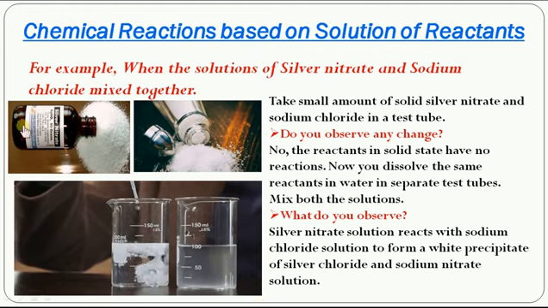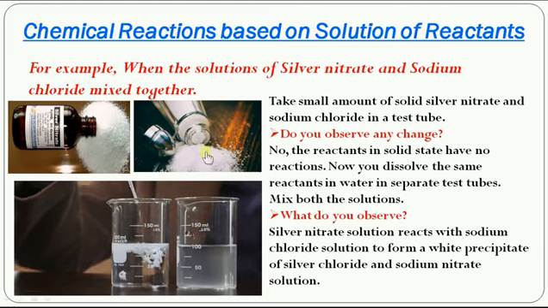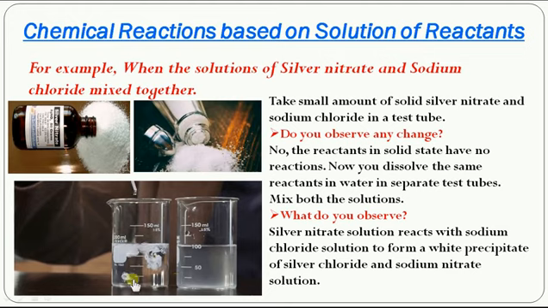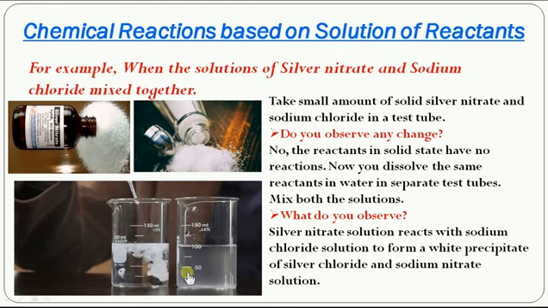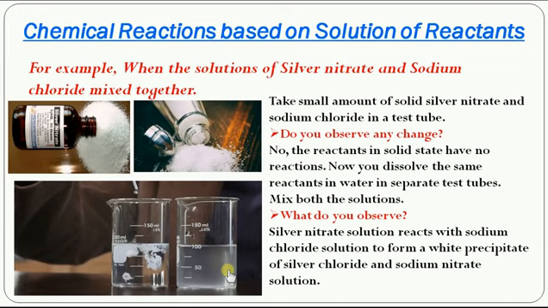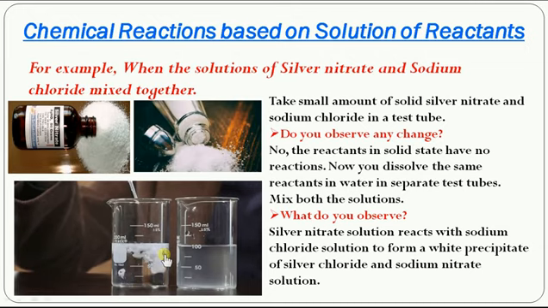It means silver ion, nitrate ion, sodium ion, and chloride ion are fixed in the solid state. But when you mix with water, they are free, so they move in and around to form this reaction. So we set the ions free when we add water to these salts.